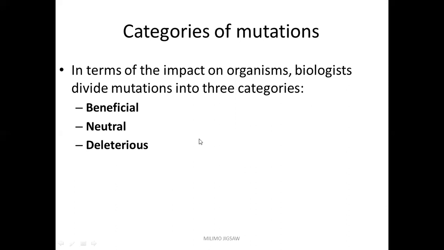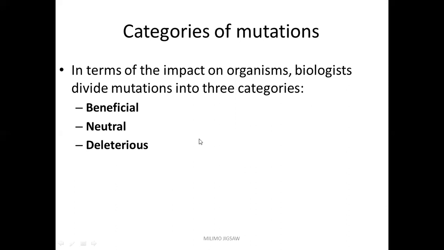Remember, because organisms tend to be well adapted to their current habitats, and because mutations are random changes that happen in the genotype, we find that many mutations lower the fitness of the organisms. These are known as harmful or deleterious mutations.